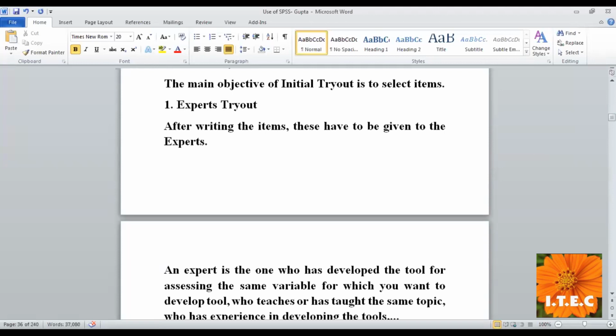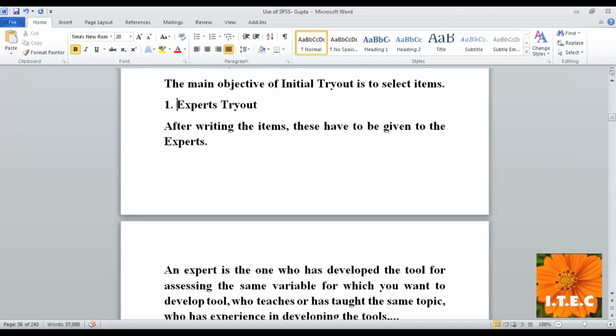Also, you write the letter and request the expert to help you in validating your items. Request him that you read each item and see whether it is as per the operational definition or not.